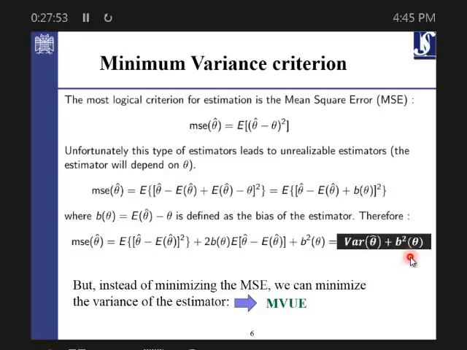What we naturally do is take the bias as minimum as possible and then play around with the variance to get the minimum possible variance. And the minimum bias is 0. So take the bias to be 0 and play around with the variance and try to get the minimum possible variance out of your estimation. That's called the minimum variance unbiased estimator, and all the category which comes as MVUE.